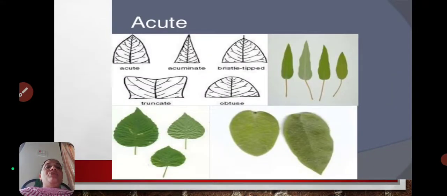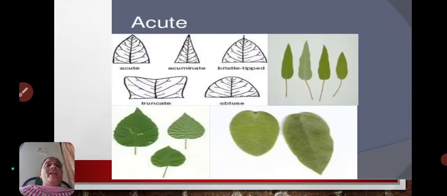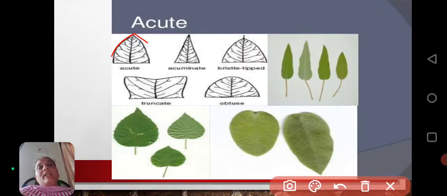Here are the acute leaf margins, so the shape of the apex ends in a point. So this is the acute leaf apex, and this is acuminate, long and sharp, and bristle-tipped, only the tip is like this.